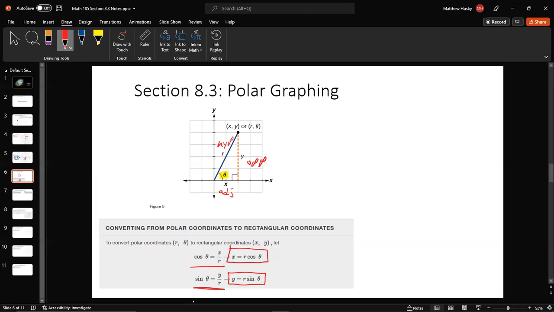So that's how you could take a polar coordinate where you knew the r and the theta and transform it into something you're probably more accustomed to dealing with, which would be the x, y coordinates. In addition, if you have the x and y coordinates, you could do a little bit of algebra and go the other direction and make them polar coordinates if you were so inclined.